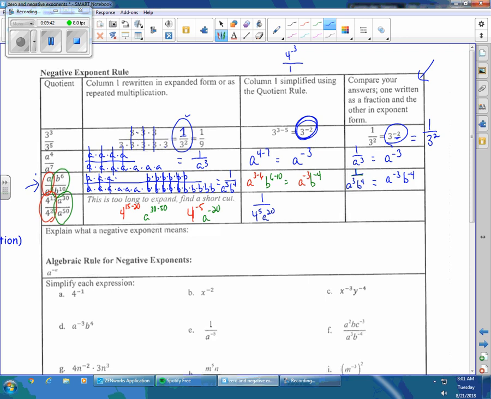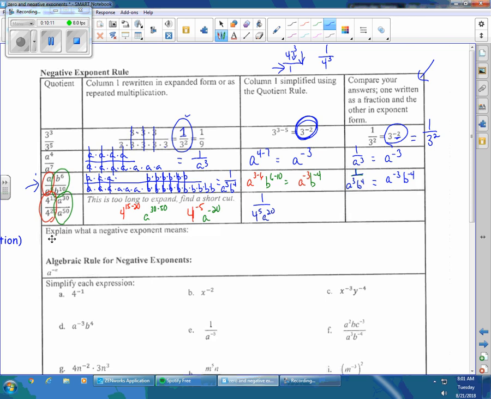That negative means it's going to travel down, and my 1 is going to end up on top because nothing is going to be left there. It's going to take its base with it. And when it travels down, as it passes that fraction bar, the negative sign falls off. So 1 over 4 to the third or 4 to the negative third is the same. Now, you might be asking, why did I put it over 1 here? Because any whole number over 1 is just itself.